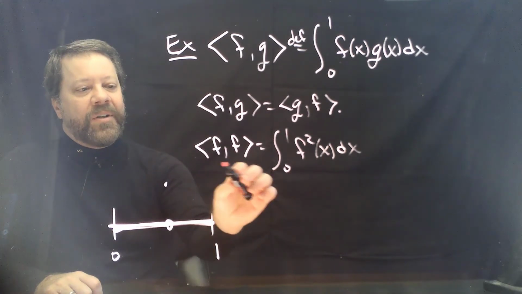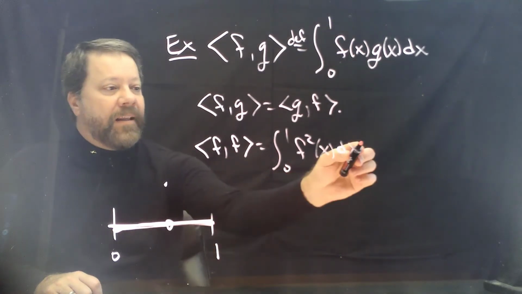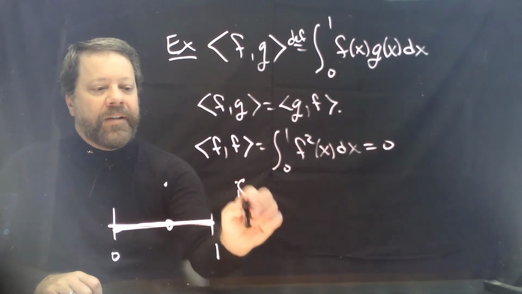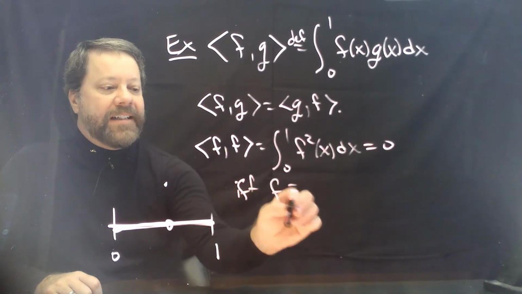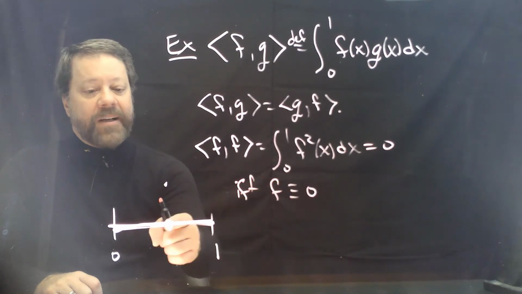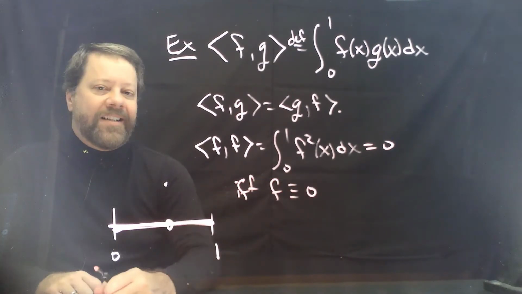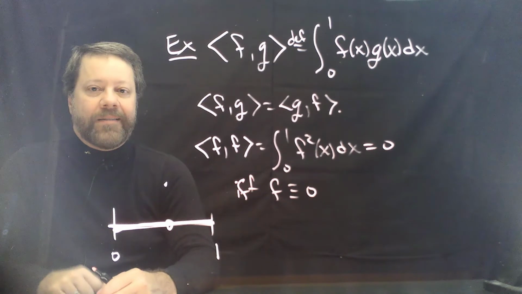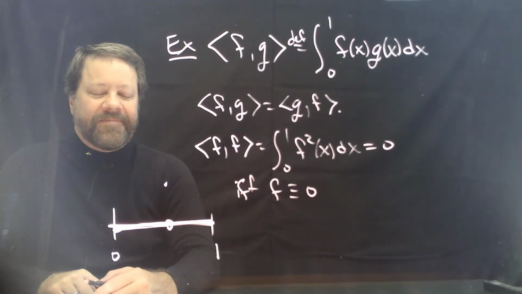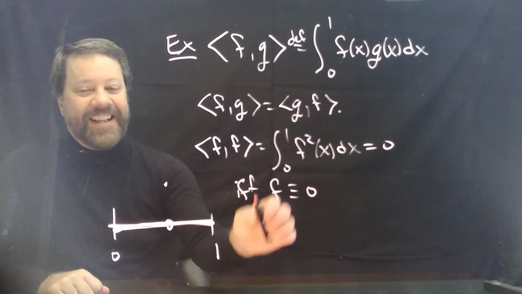And so this will be equal to 0 if and only if f is identically equal to 0, except maybe on a set of measure 0, in which case it's in the same equivalence class, and we'll pretend they're the same function. All right.